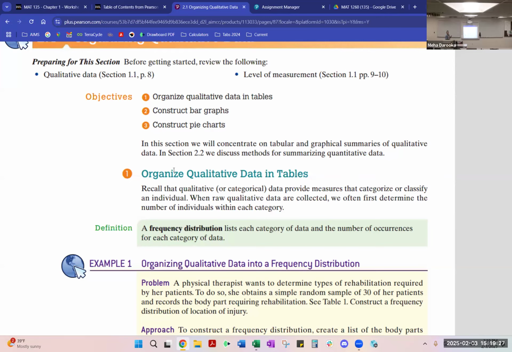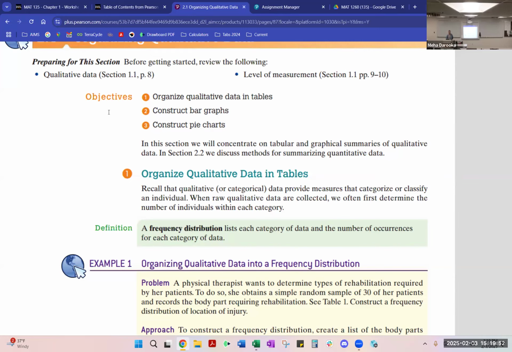Like attribute, I think that's what the definition had used in chapter 1. So it's got to be something that can be measured, that we can categorize or classify an individual for. So here we're talking about a frequency distribution, which lists each category of data and the number of occurrences for each category of data. So basically, how many times does that same category occur?